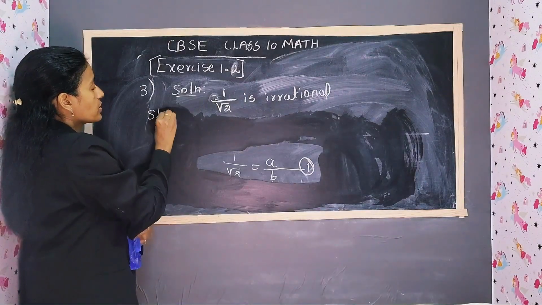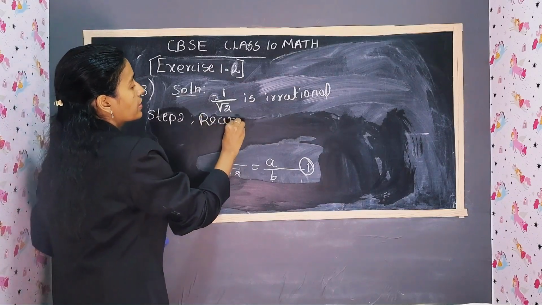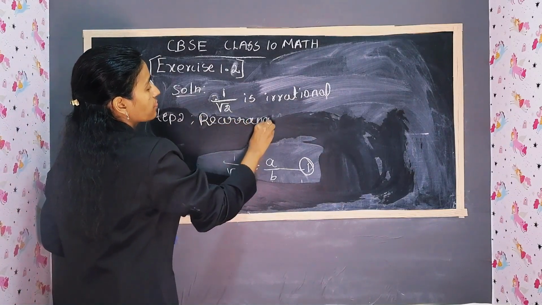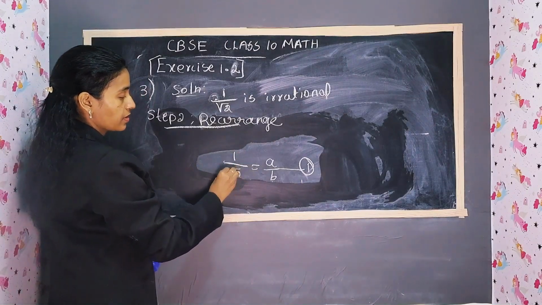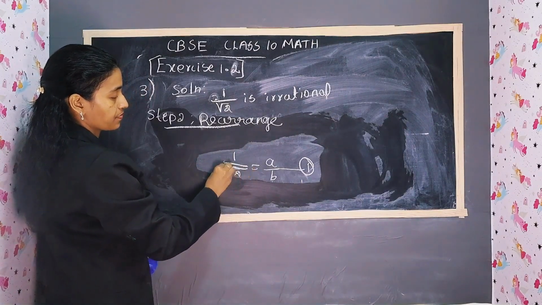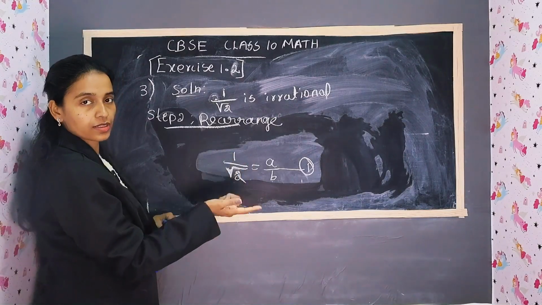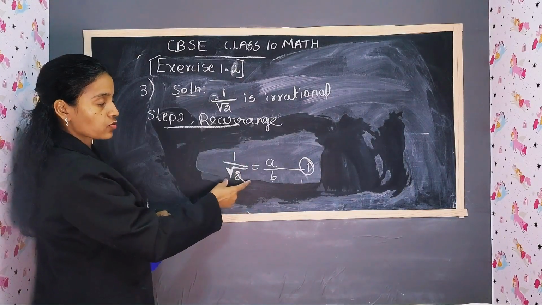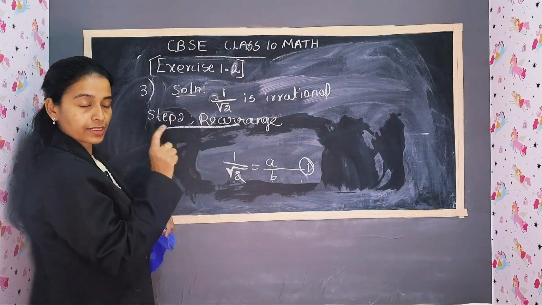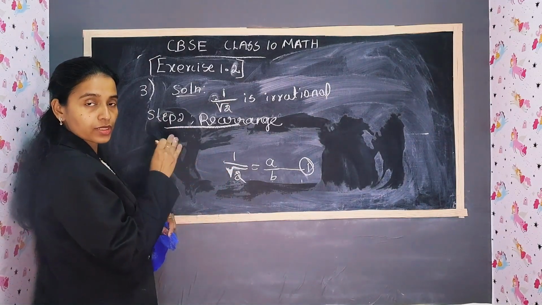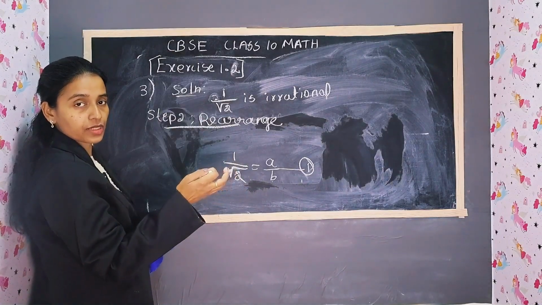Step number 2 is, as usual, rearrange. Rearrange means we are going to keep this one term, that square root of 2, on one side, and the other terms on the other side, right?